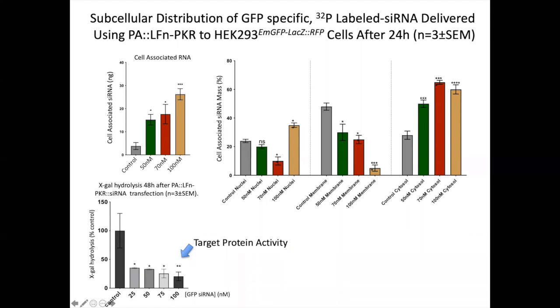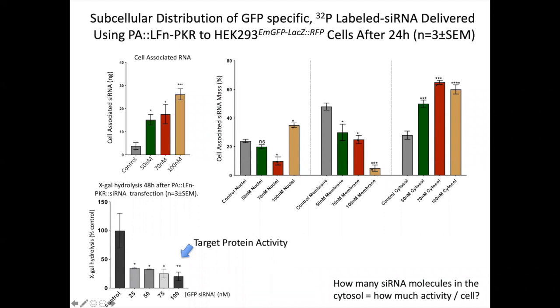However, the specific activity in terms of CPM and mass is actually going down, and that's represented here. So although it looks like these gray bars are doing something quite strange, you need to remember that there's actually a much smaller amount of siRNA being internalized by the cell. And we can relate this to siRNA activity and X-gal hydrolysis by the target gene.